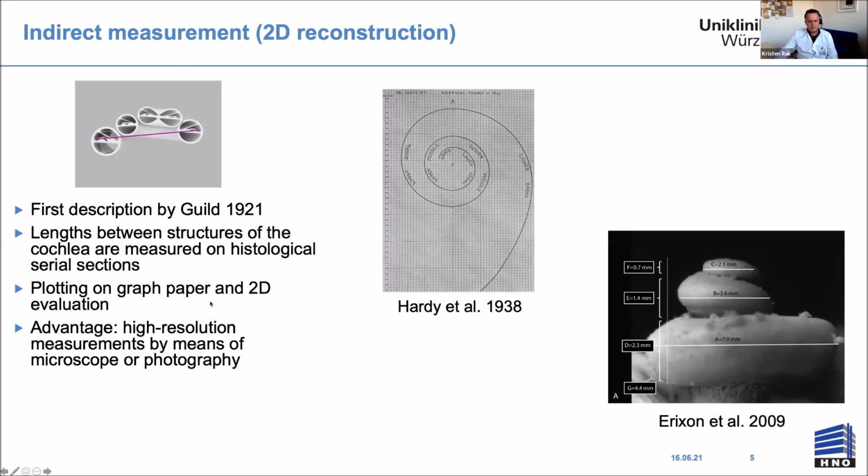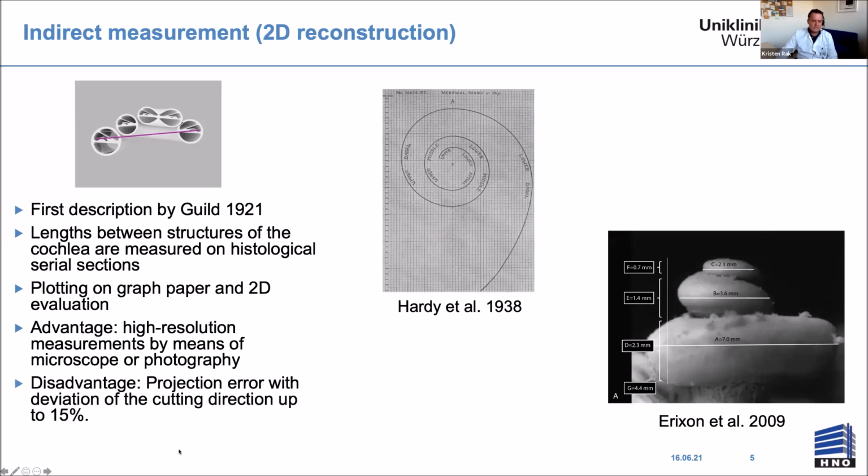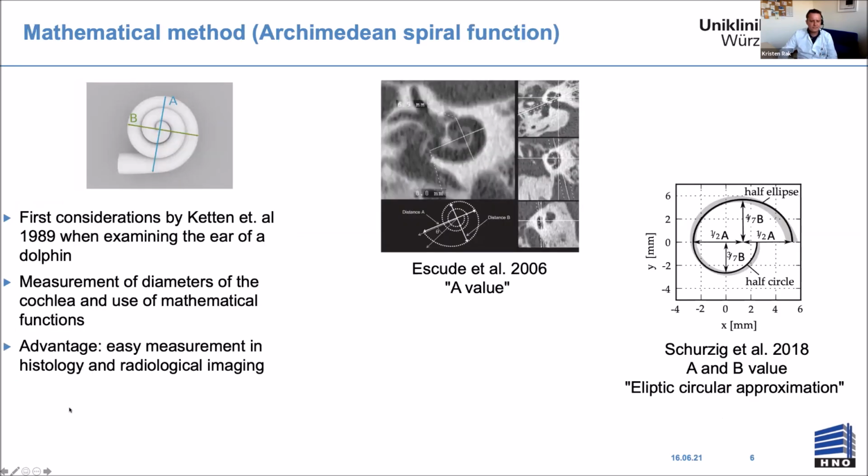This has an advantage because you can use high resolution measurements by microscope, or also by photography, as shown here. But it also has some disadvantages because you often have projection errors. If you do not do the cutting really precisely, these projection errors can be up to 15%.